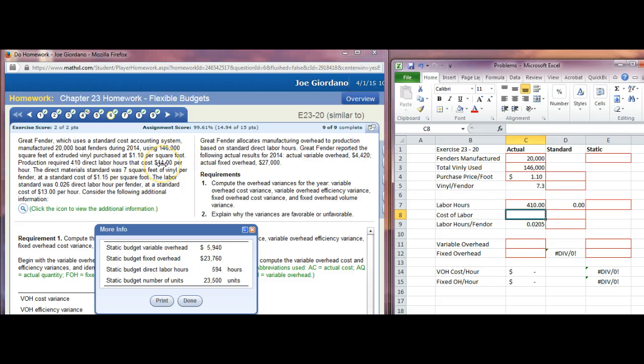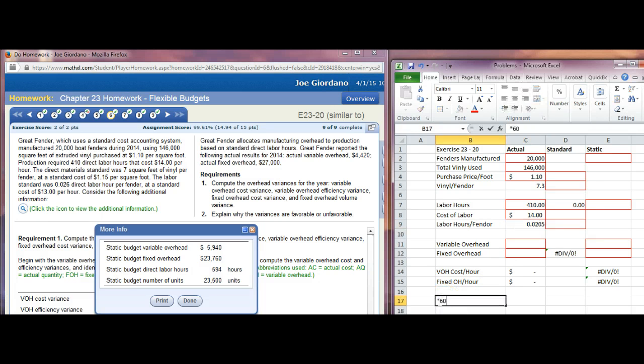And they cost $14 per hour. So that's what we pay, folks. So there's my $14 per hour. Here I went ahead and calculated labor hours per fender, right? So I took the 410 hours divided by 20,000 fenders, which means it's 0.02 hours, which is not many minutes.